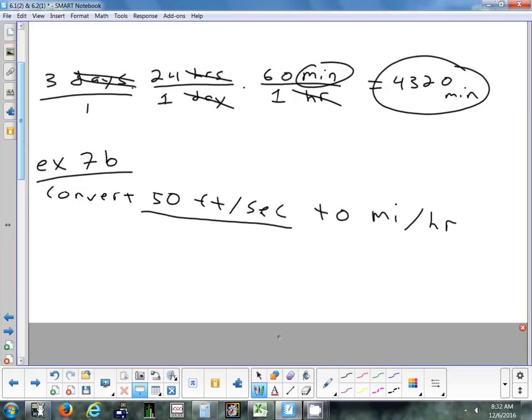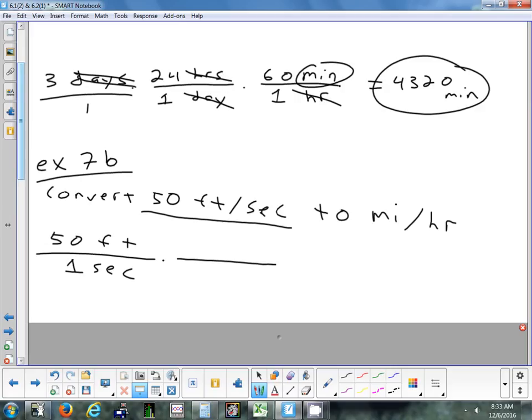You travel 50 feet every 1 second. So now our goal, we've got to figure out which unit we want to change first. Do you want to get seconds to hours, or do you want to get feet into miles? It doesn't matter. Okay, so we're going to get feet into miles.